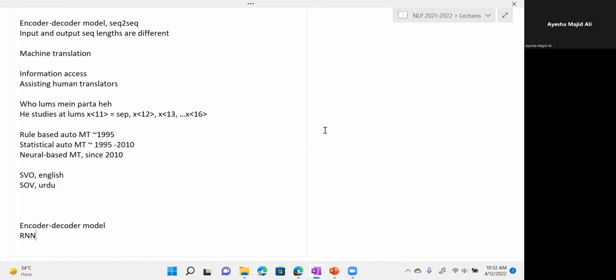I can call it RNN-E, of course you can denote it by something else. And then we have RNN-D for the decoder. So there are two separate RNNs, one after the other in series, or what they call stacked.